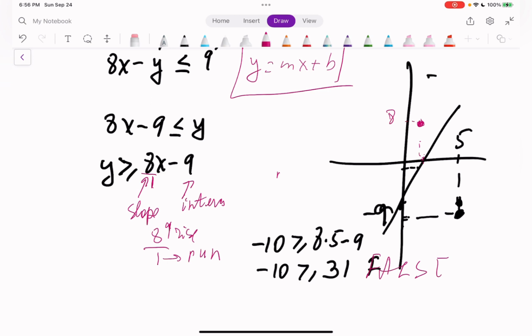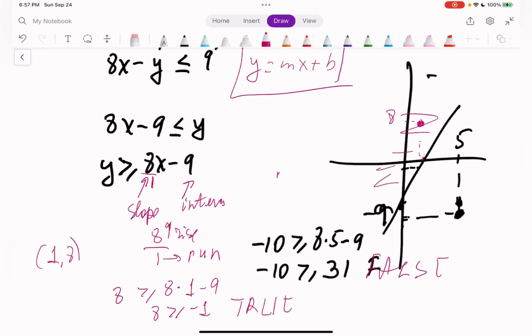You can take a more precise coordinate because you are graphing on a point. So I said 8 and 1, which means it's the coordinate 1 and 8. If my y is 8, 8 greater or equal 8 times 1 minus 9, I get 8 greater or equal negative 1, right? This is true. So I'm shading this area.